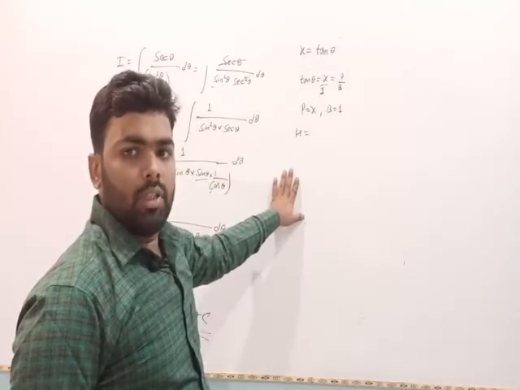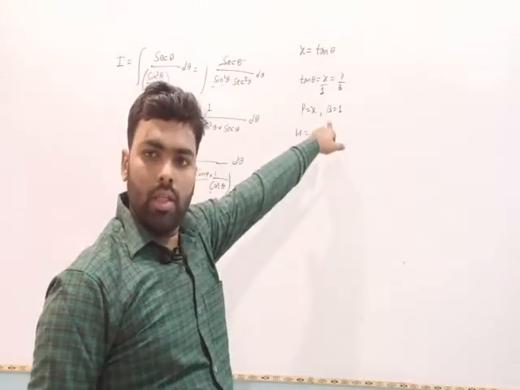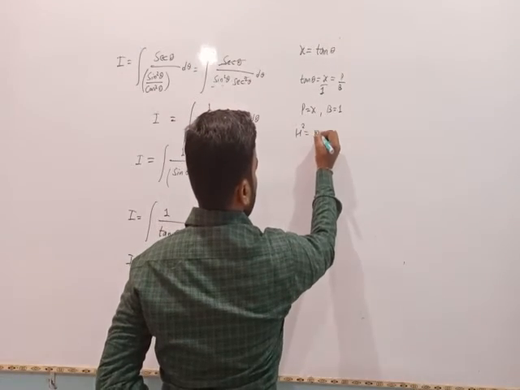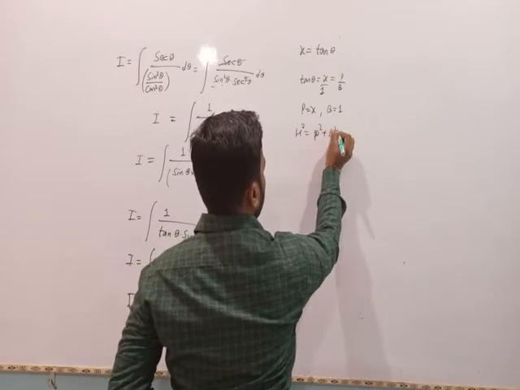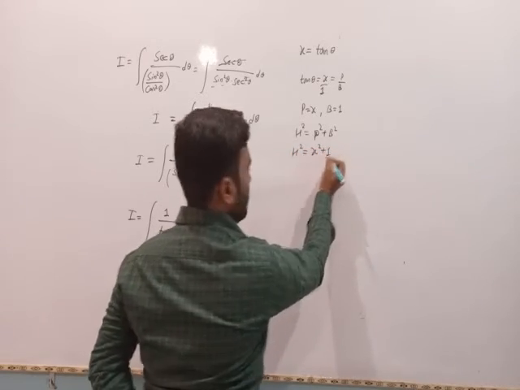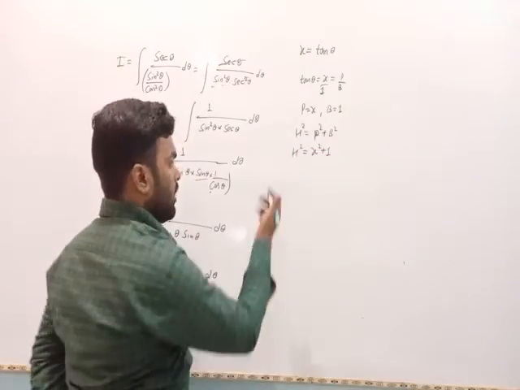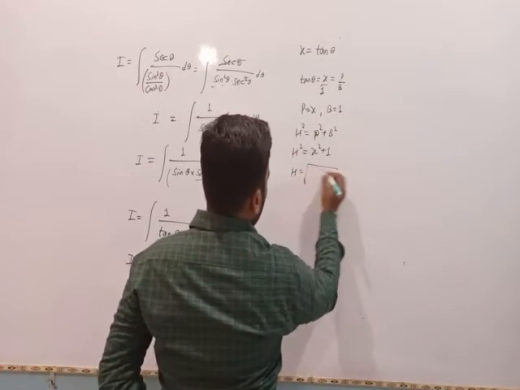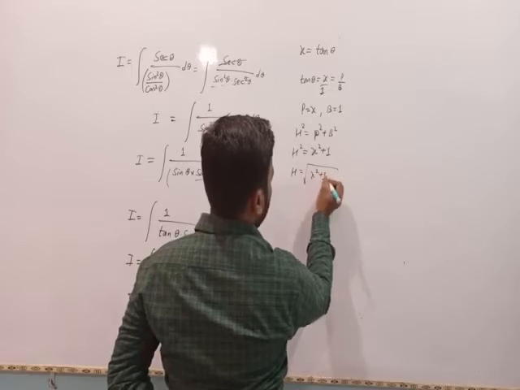Hypotenuse square will be perpendicular square plus base square. So h square will become p square plus b square, so h square is equal to x square plus 1. Hypotenuse will become h equal to root of x square plus 1.